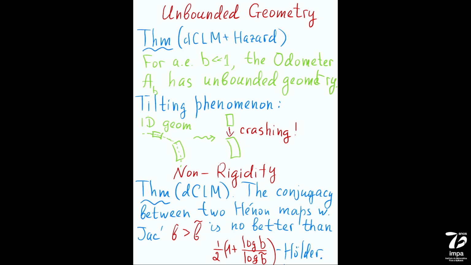And there is some bound on the Hölder exponent of this conjugacy, so it cannot be better than that much Hölder. In particular, if we try to conjugate our odometer to a one-dimensional odometer, then the exponent would be at best 1/2.